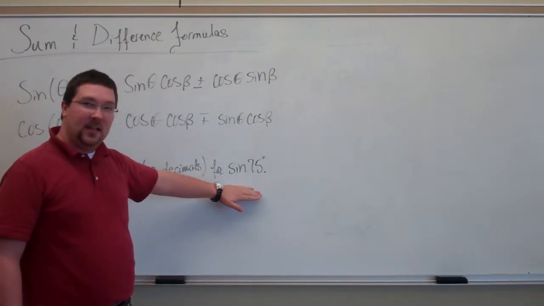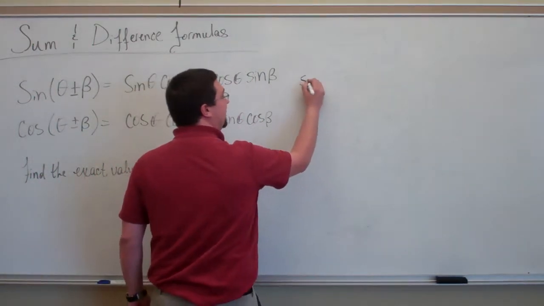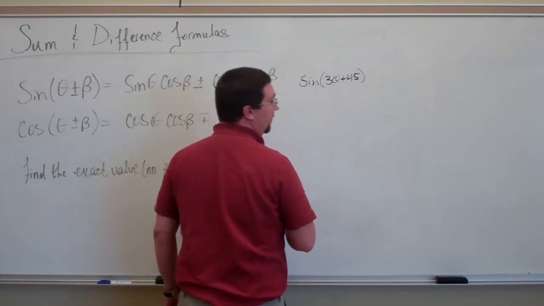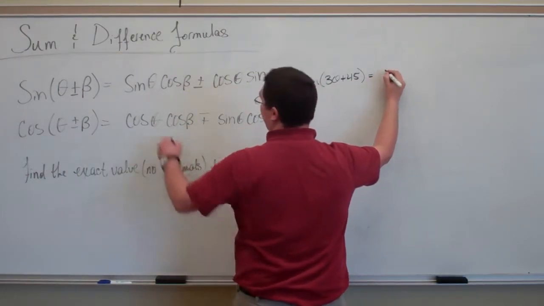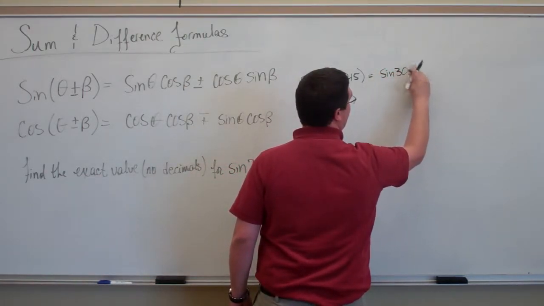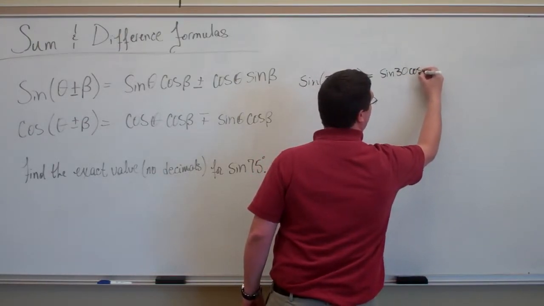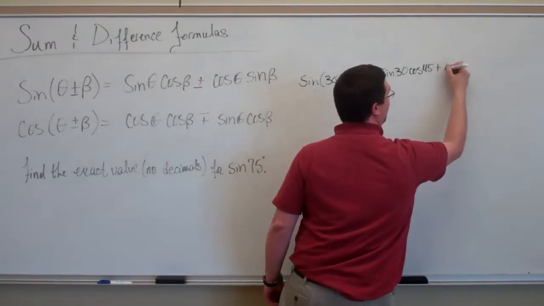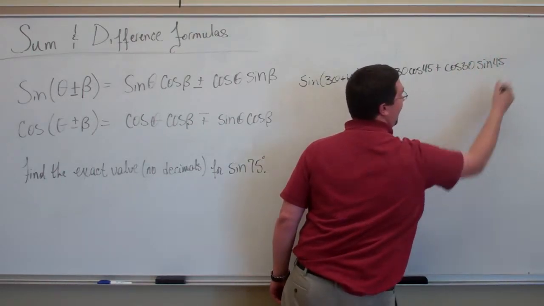So for our case, the sine of 75 degrees, as the sine of 30 plus 45 degrees, we would do it as the sine of 30 times the cosine of 45 plus, because we're adding them together, the cosine of 30 times the sine of 45.